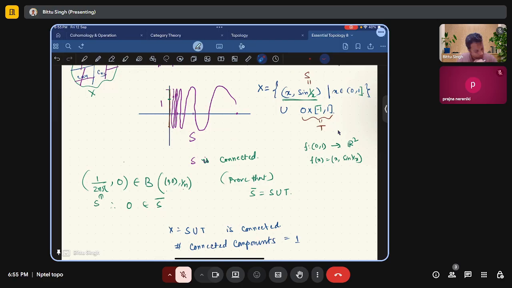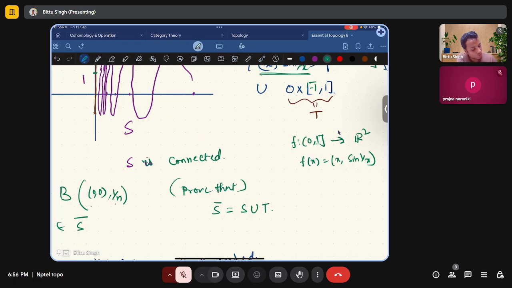So this is not path connected, but if we choose only this part, that is 0 cross minus 1 comma 1, that is connected, because that is nothing but homeomorphic to the interval. This is only a line segment. So it is homeomorphic to an interval, and this part, by the same reasoning, is the image of open 0 comma closed 1.